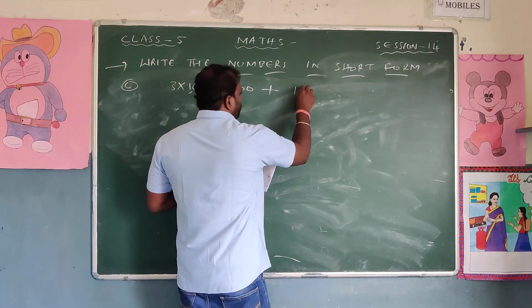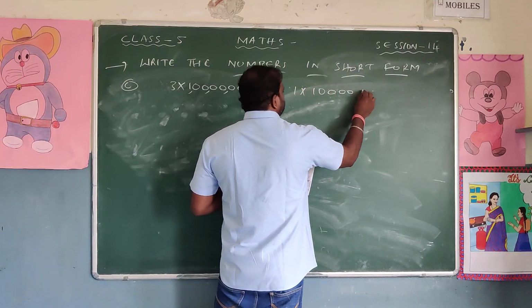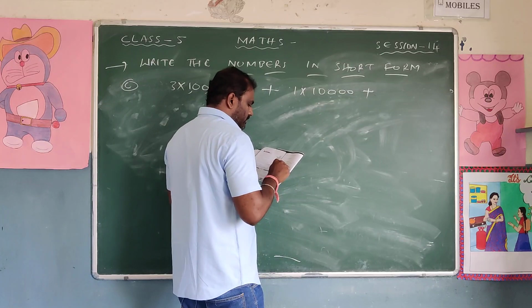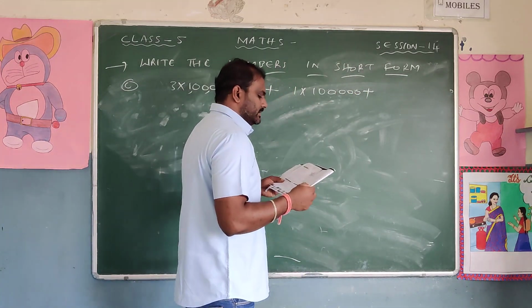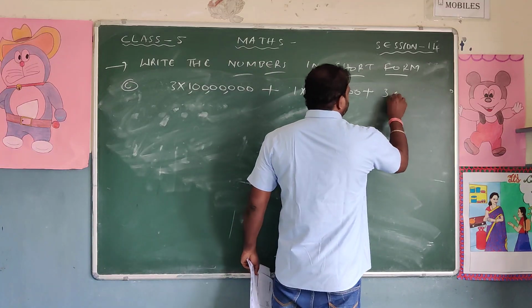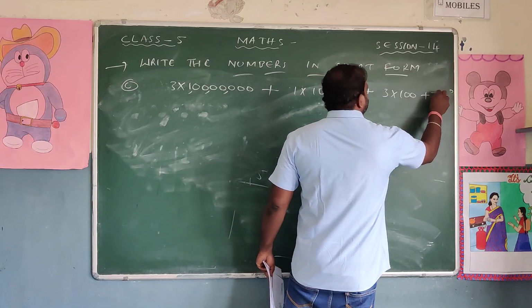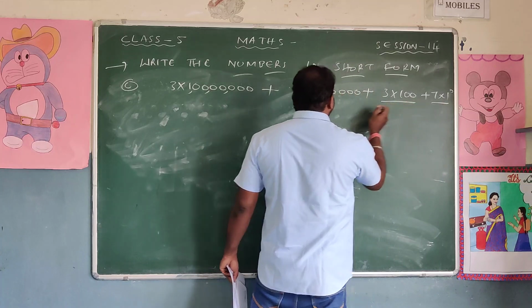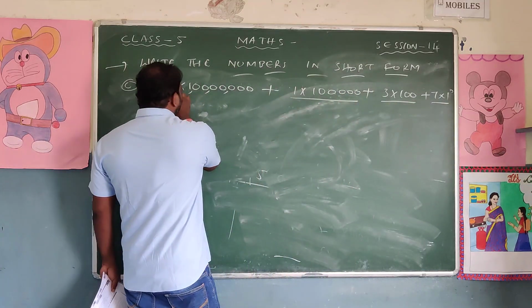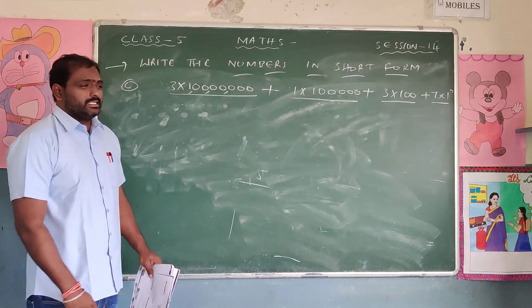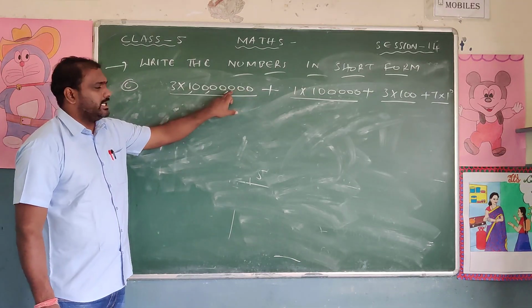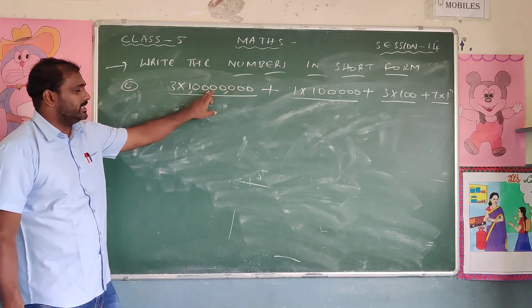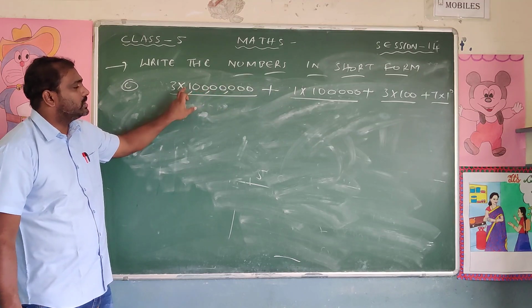Plus 1 into 10,000. 1, 2, 3, 4, 5. So 1 into lakh. Plus 3 into 100. Plus 7 into 1. So to avoid the confusion, underline it. Wherever there is a plus, leave it and underline. Now see, units, tens, hundreds, 1000, 10,000, lakhs, 10 lakhs, crores.